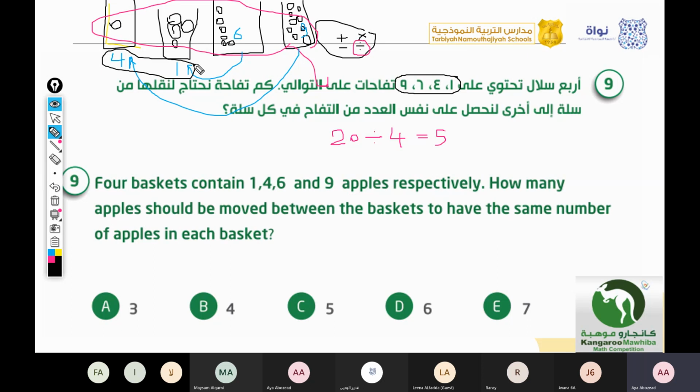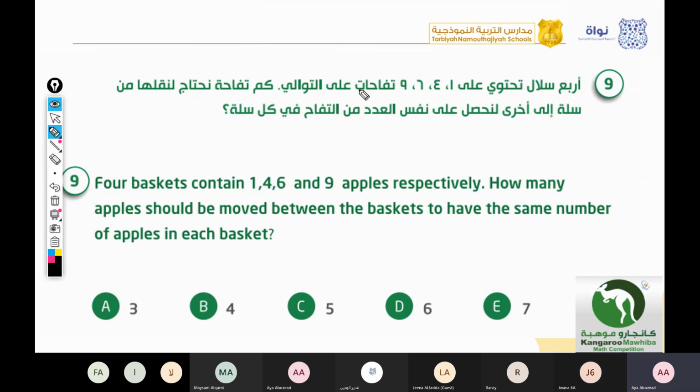But the first question I explained to give you a challenge. Okay, now any question about question number 9? Anyone wants to ask? No, miss, thanks. Super. Okay, let's go to the next question. Oh, also, you can ask in the chat box if you need.